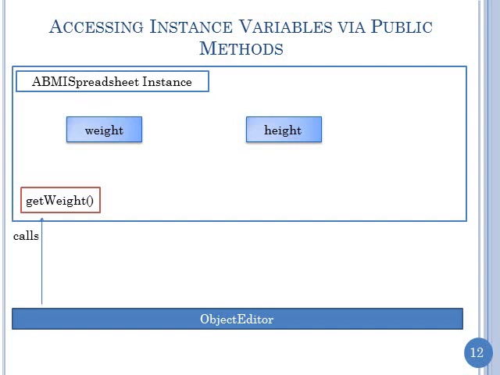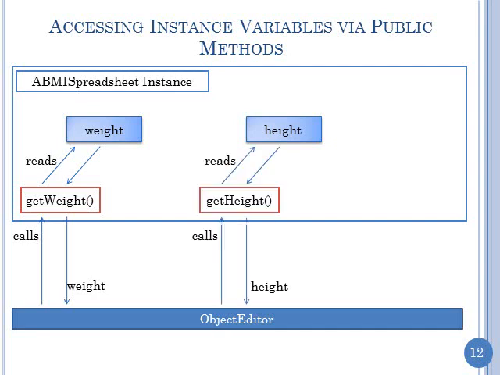Object editor will call getWeight. Now I told you in one of the earlier classes, a lot of computer science is about indirection. We are not accessing the variable directly. Rather, we are calling a method that then accesses the variable. And this level of indirection is what gives us a lot of power. It gives us the ability to change our mind later. And it returns the value weight.